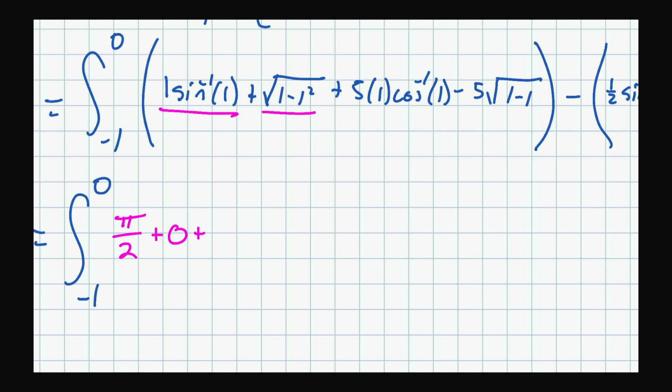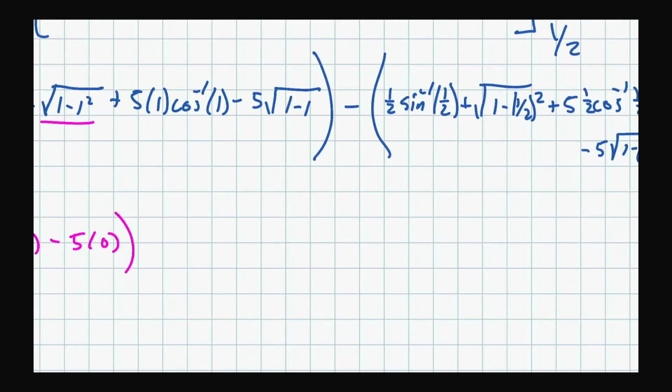Plus, then you've got 5 cosine of 1. Cosine of 1 is 0, so this is going to be 5 times 0. That's nice. Minus, well, 1 minus 1 is 0 again, so that's minus 5 times 0. So it's actually not as bad as it looks.